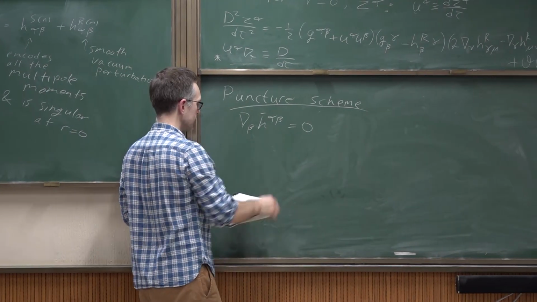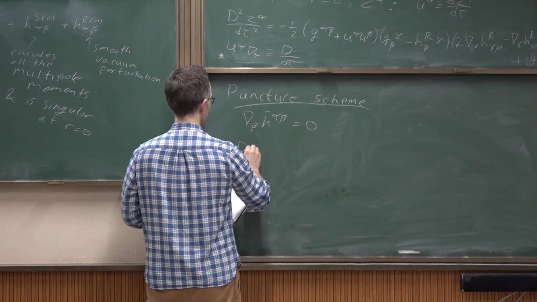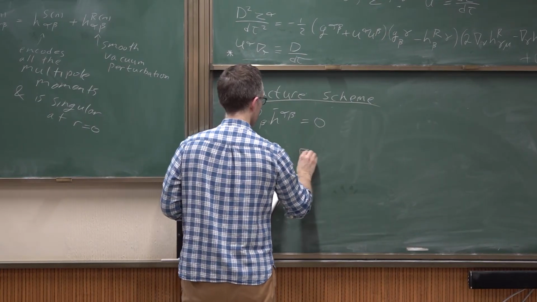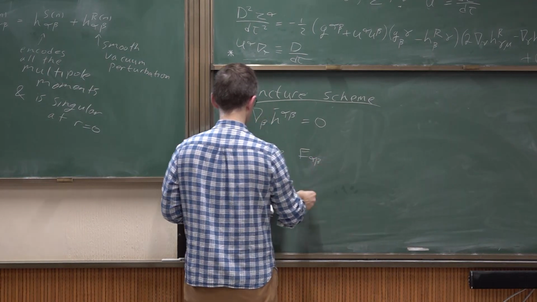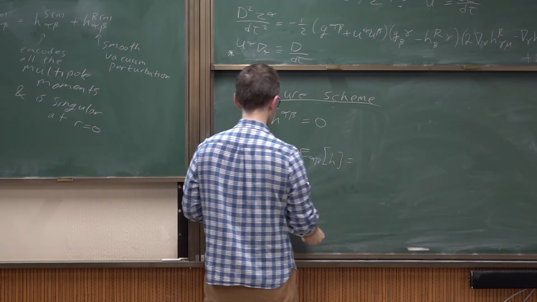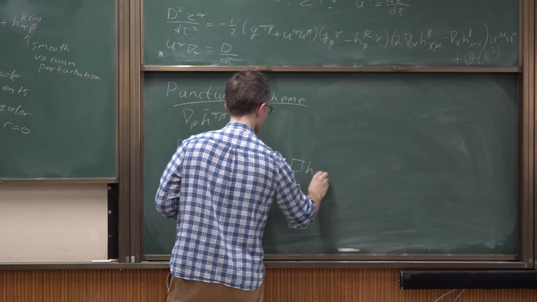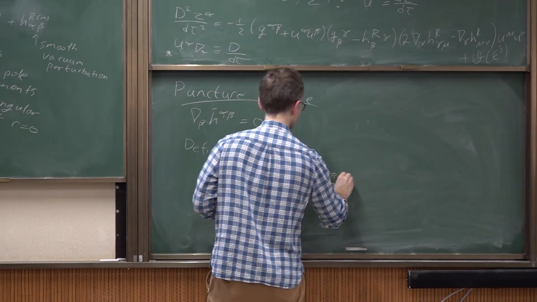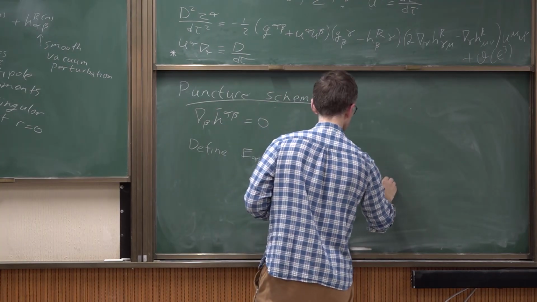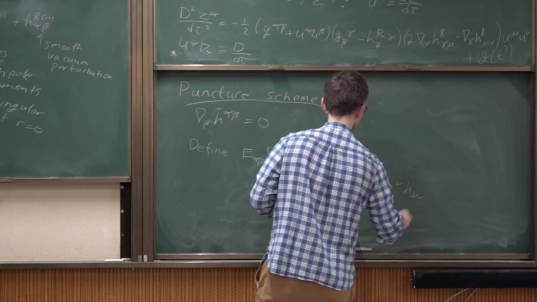So I'm going to impose this, and then define the linearized Einstein operator, specifically in the Lorentz gauge, which is the box h bar alpha beta plus 2 R alpha mu beta nu h bar mu nu.